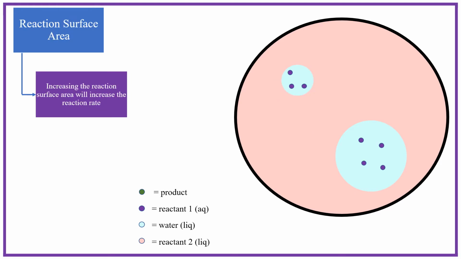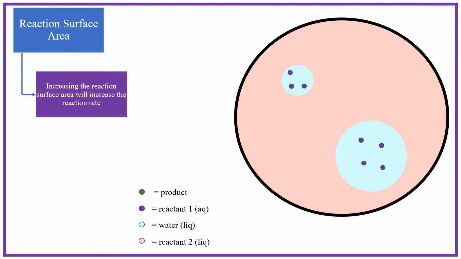The effect of reaction surface area on reaction rate is a bit more difficult to understand. For the case of this example, consider a group of people in a very large room compared to another group of people in a very small room. The probability that somebody bumps into a wall in the small room is much higher than the probability of the same event occurring in the larger room.